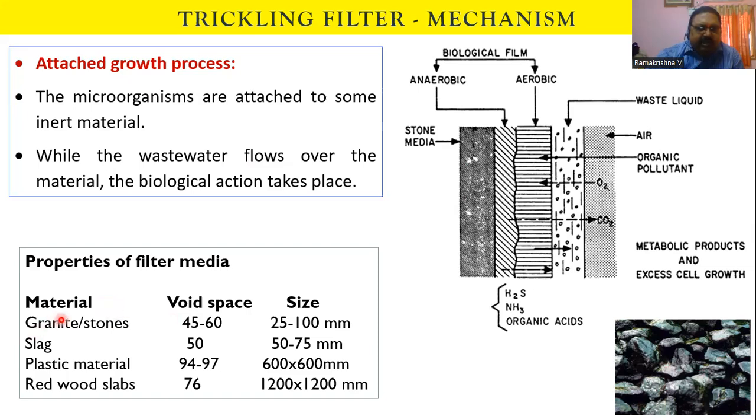This information shows granite, stones, slag, plastic material, redwood slabs. They have high void spaces, 45 to 60%, up to 97%, and the size is close to 50 mm, more than 50 mm. At the same time, they also have irregular surfaces. Irregular surfaces mean more voids.